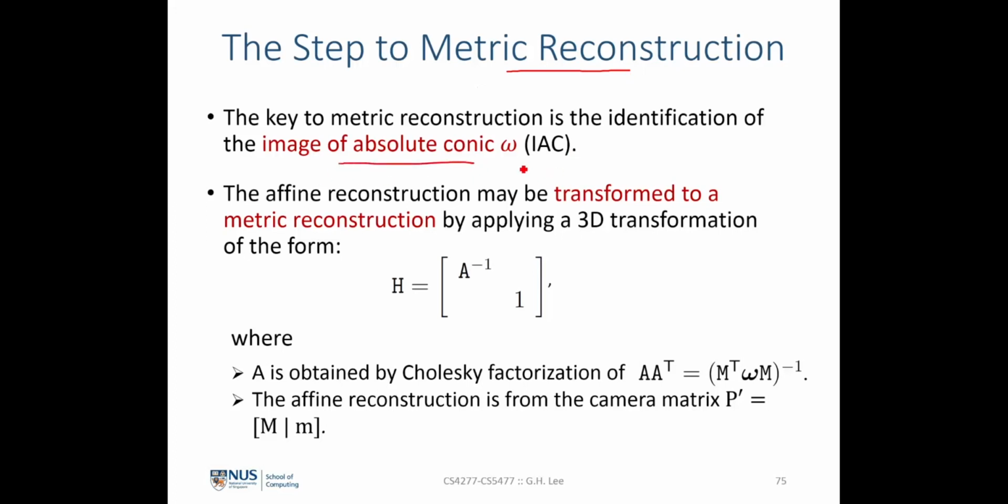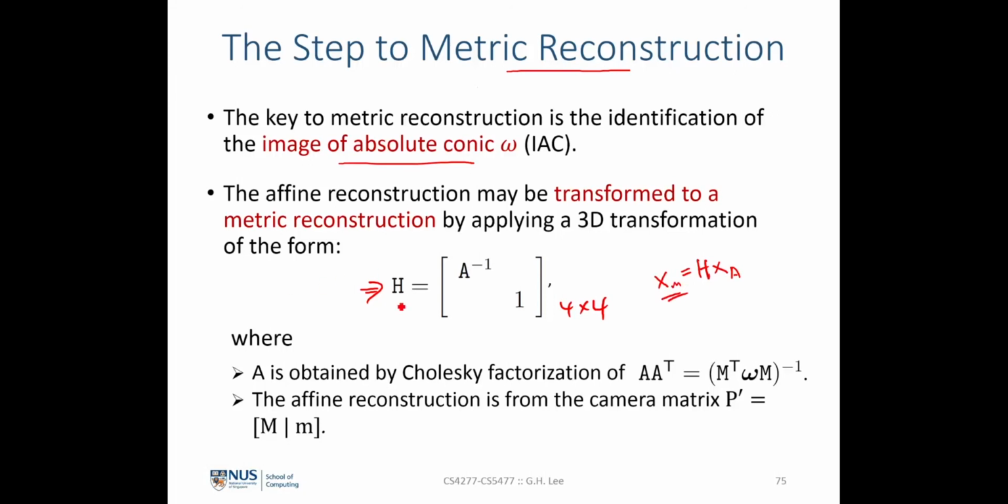We'll make use of this image of the absolute conic omega to retrieve a 4x4 projective transformation matrix H over here, such that we can apply this transformation on all the reconstructed 3D points under affine distortion to recover all the 3D structures in the metric reconstruction.